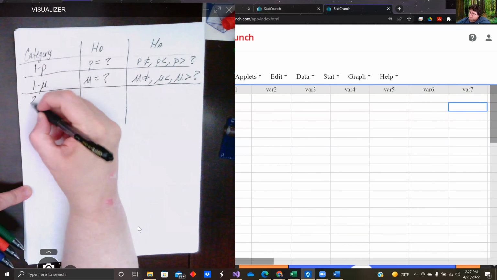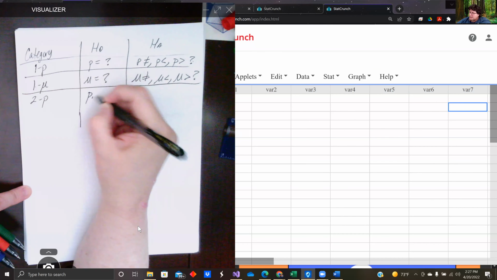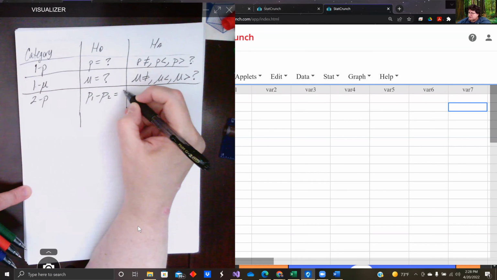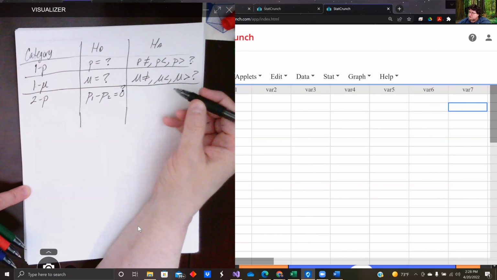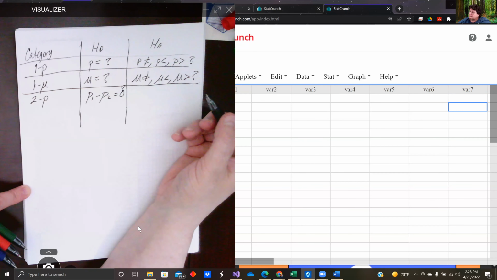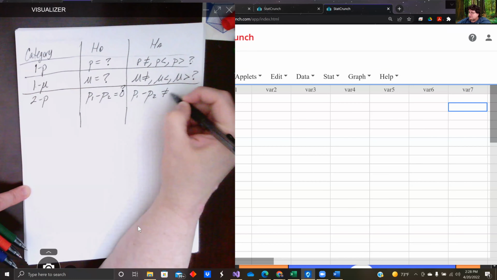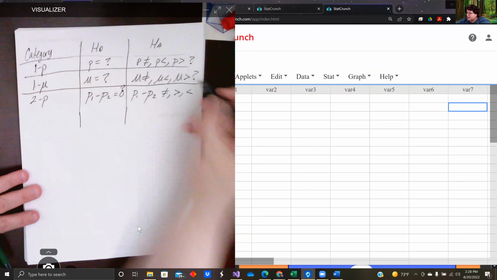When we did the two proportion tests, H naught was P1 minus P2 equals oftentimes 0, but you can put any value in there. 0 is the common one, just to show one is higher than the other. And our outcomes are, again, not equal to, greater than, or less than, but the same information.